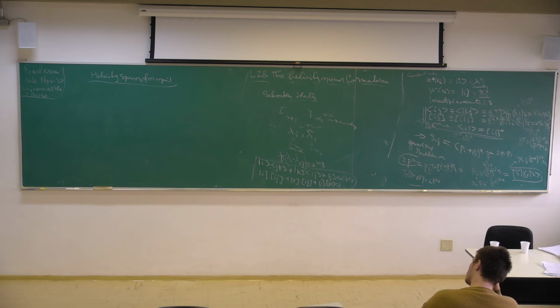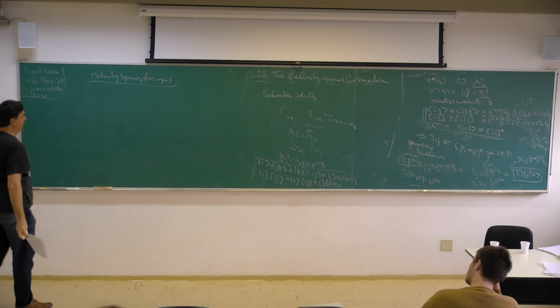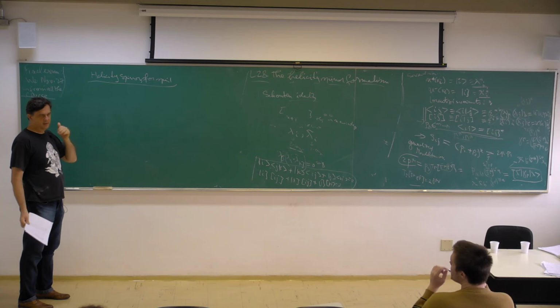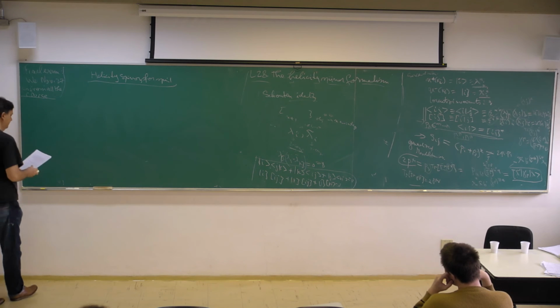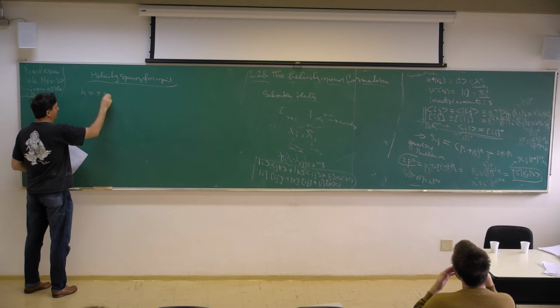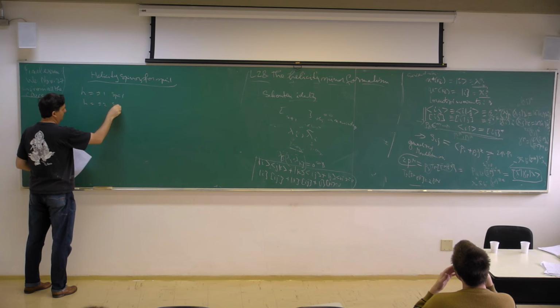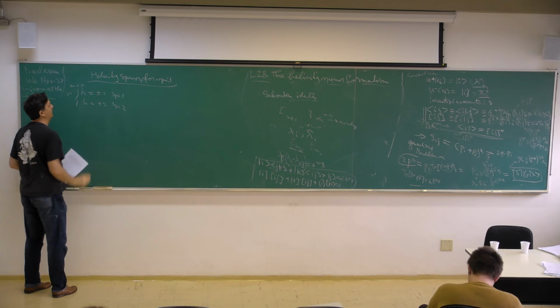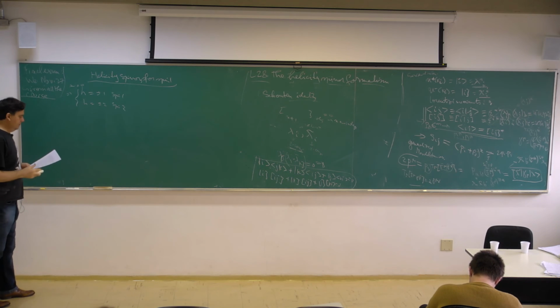There's only two possible polarizations corresponding to a spin being in the direction of propagation or opposite to the direction of propagation. So h is plus or minus 1 for spin 1, and h is plus or minus 2 for spin 2, in the massless case.